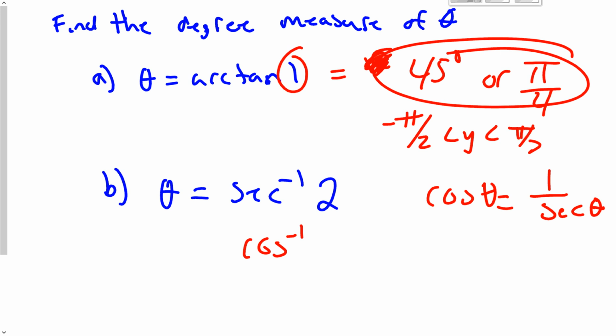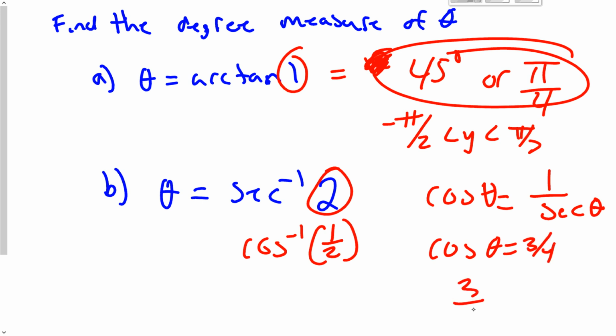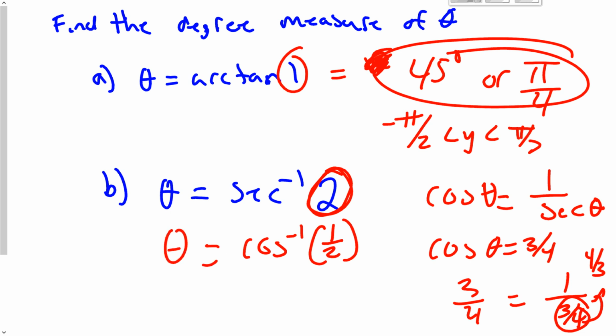What I'm going to flip as a fraction is actually the answer. Just like this: say cosine of theta is 3/4, that means secant would be 1 over 3/4. See how my answer is the one that's going to flip to 4/3? My answer flips in order to find the angle.